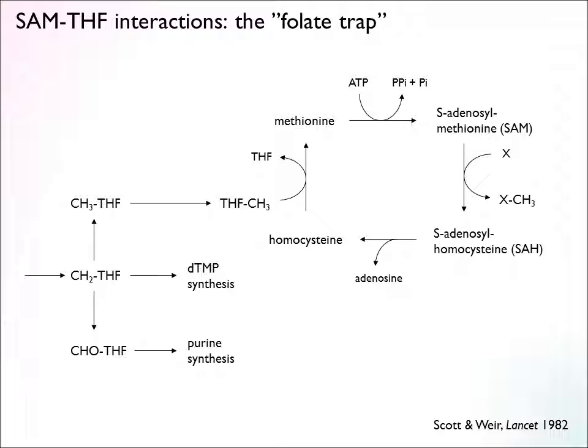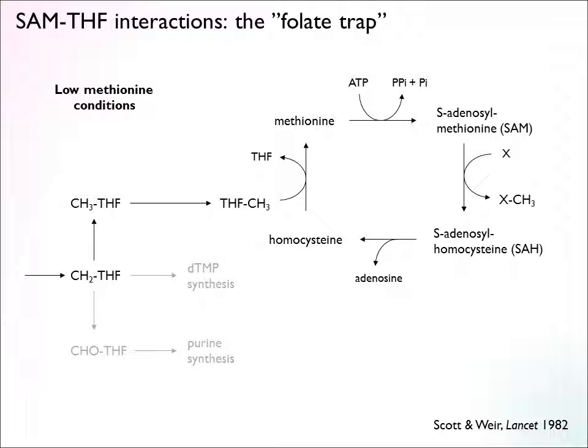And if we are in a situation where we are low on one-carbon units for some reason, what happens is that the cells prioritize the SAM system. At least this is the thinking right now. In this situation, the one-carbon units are prevented from being used for nucleotide synthesis, and they are preferentially shuttled to the SAM loop.